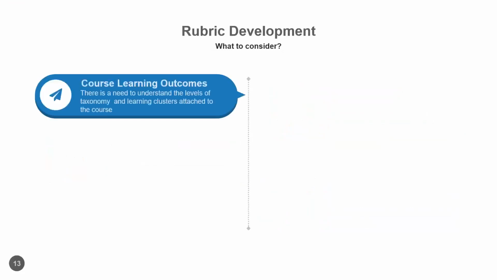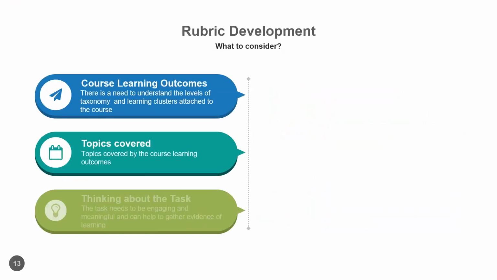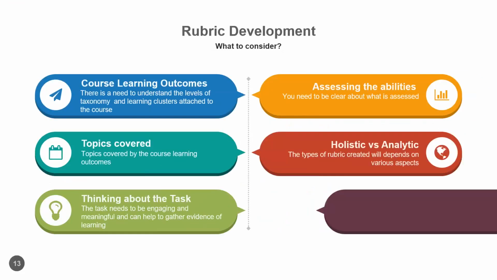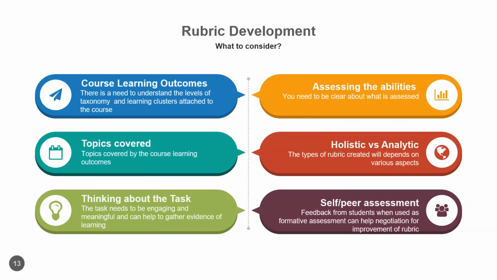So the things that you need to consider when you are developing your rubric will be, of course, without fail, and I think anyone who has been following my training or sharing sessions knows you cannot run away from the course learning outcome.